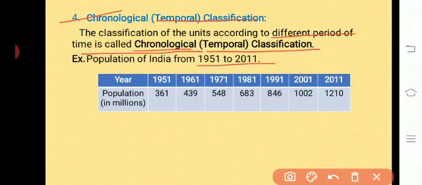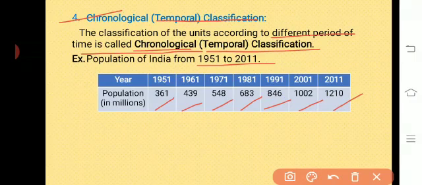In the year 1951 the population was 361 million. In 1961 it is 439 million. 1971, 548 million. 1981, it is 683 million. 1991, 846 million. 2001, it is 1002 million, and 2011 it is 1210 million.